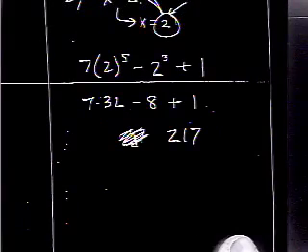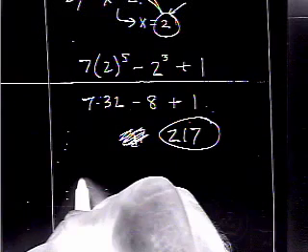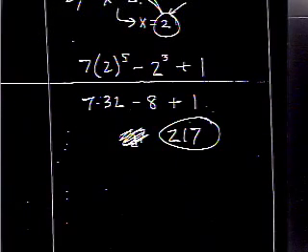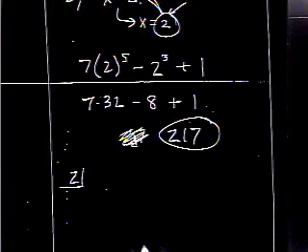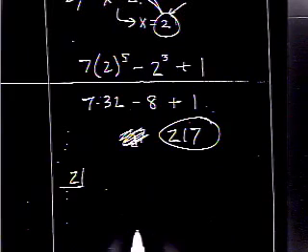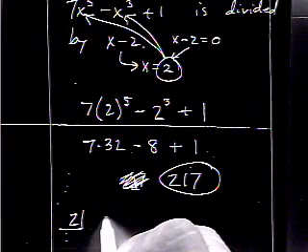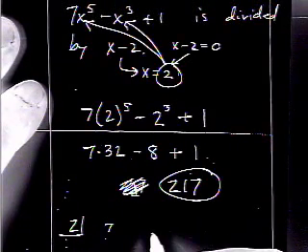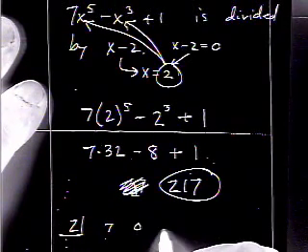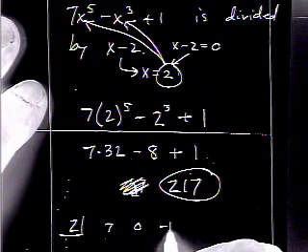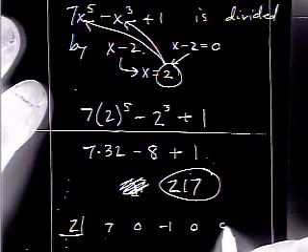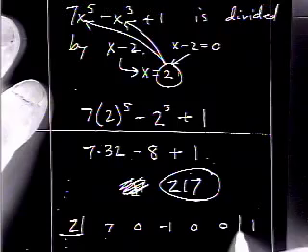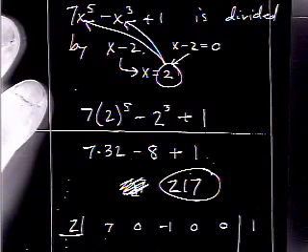Now, just to double check that remainder, let's do our synthetic division, right? 2 goes in the box. Our coefficients for this are 7 for the x to the 5th power, 0 for the x to the 4th power, negative 1 for the x cubed power, 0 for the x squared, 0 for the x, and 1 for the constant.